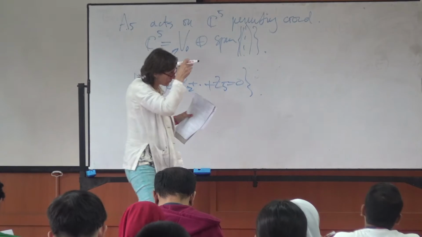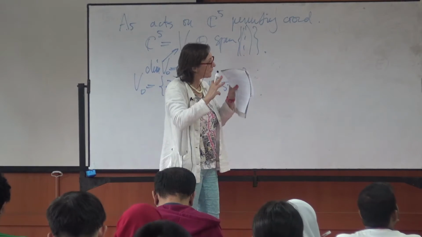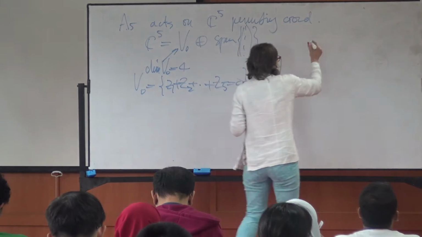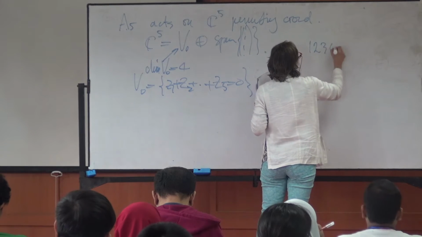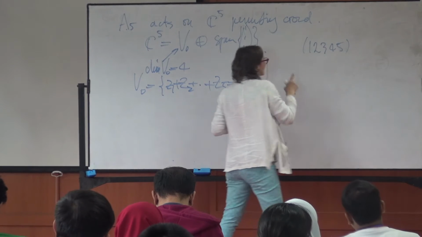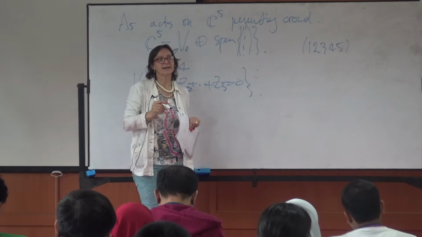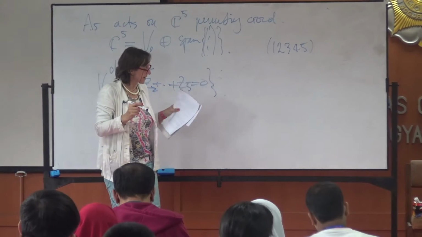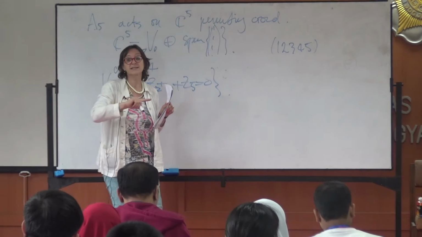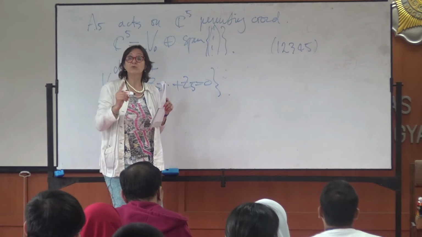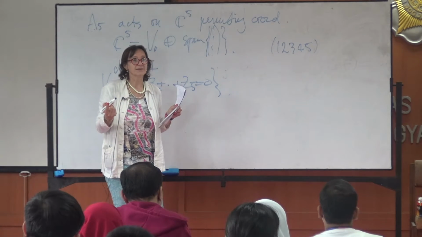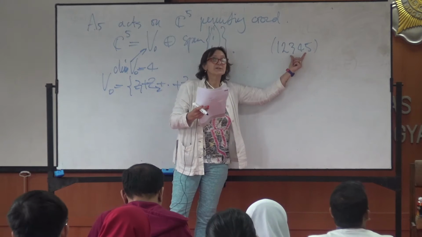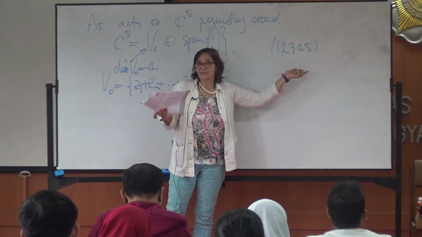Instead, if we look at the 5 cycles, if you take the 5 cycle (1 2 3 4 5), its centralizer in A5, or even in S5, is only the subgroup generated by itself. And all the elements of the 5 cycles are even.